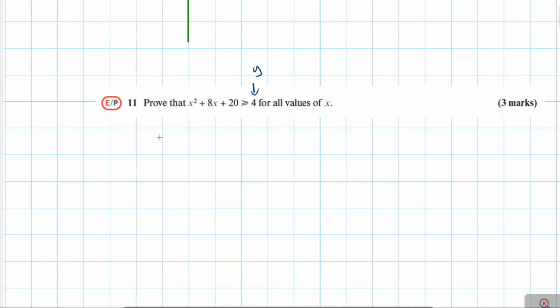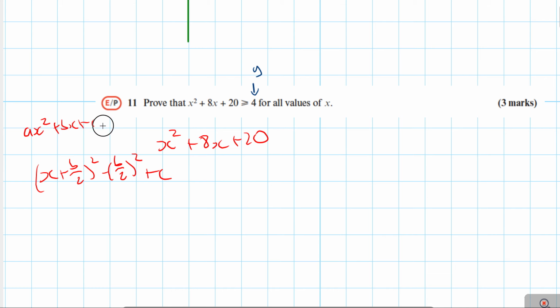So we'll start with x squared plus 8x plus 20, and then we complete the square using the form x plus b over 2 squared minus b over 2 squared plus c, where it's of the equation ax squared plus bx plus c.